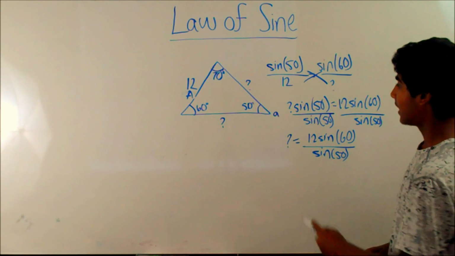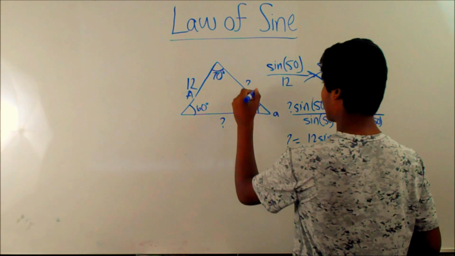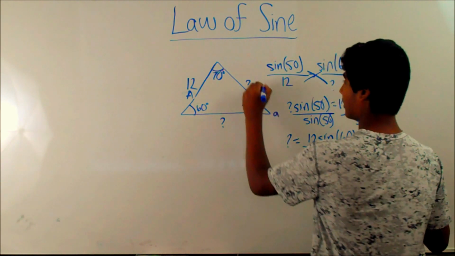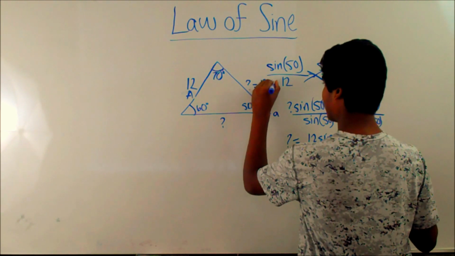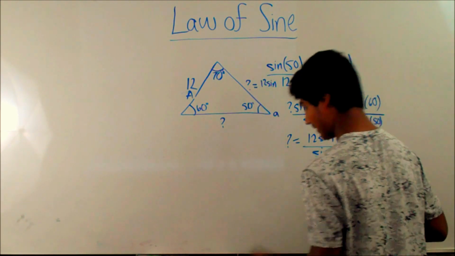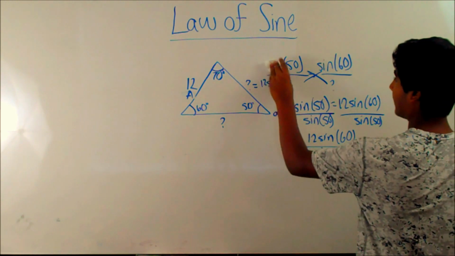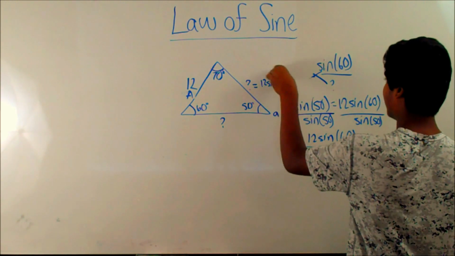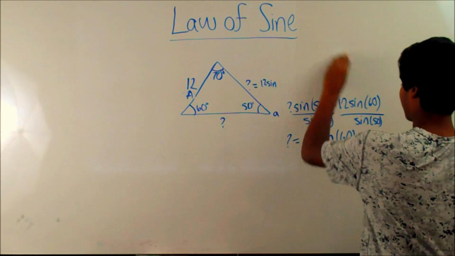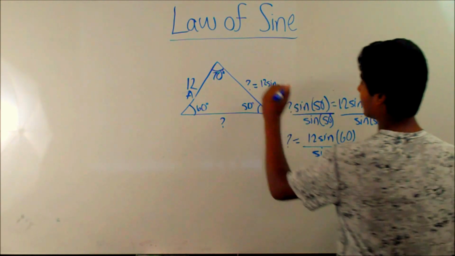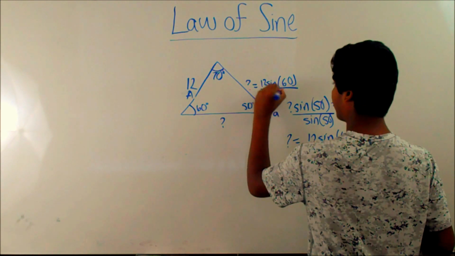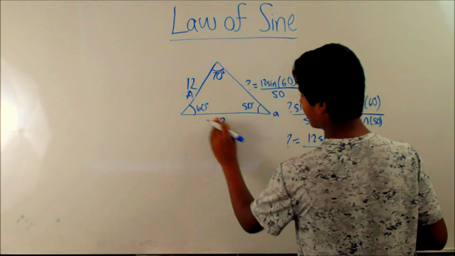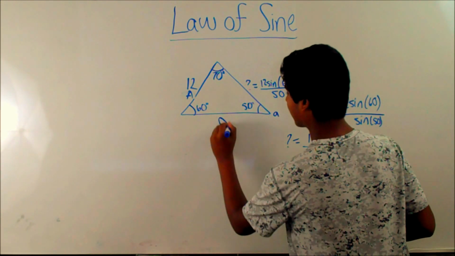So we figured out what this is. So we get question mark is equal to 12 sine 60 over sine 50. Let me just erase this part. Sorry about that, I'm running a little out of space. And then this one should not be question mark, it should be x.